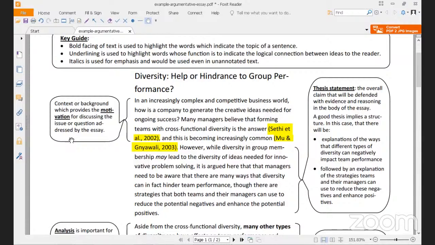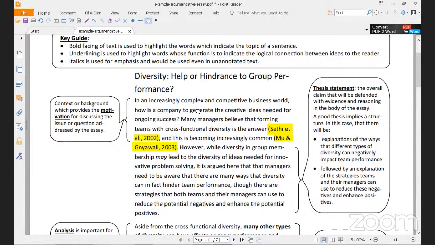So there are strategies that both teams and their managers can use to reduce the potential negatives and enhance the potential positives.